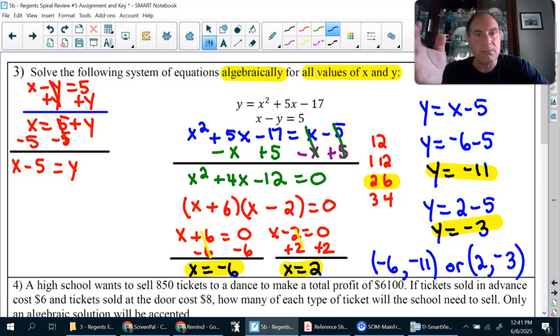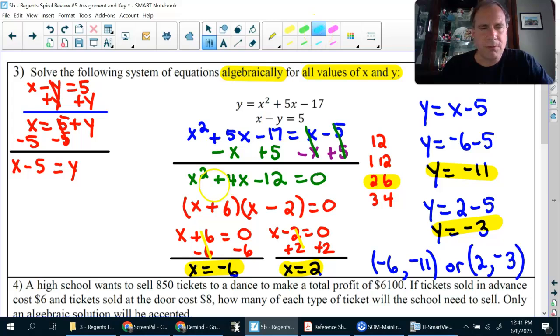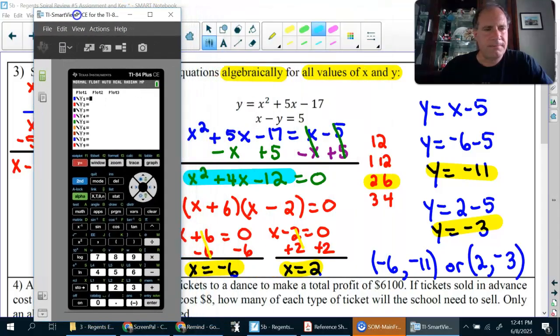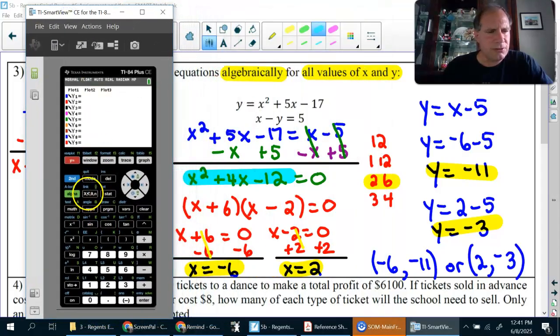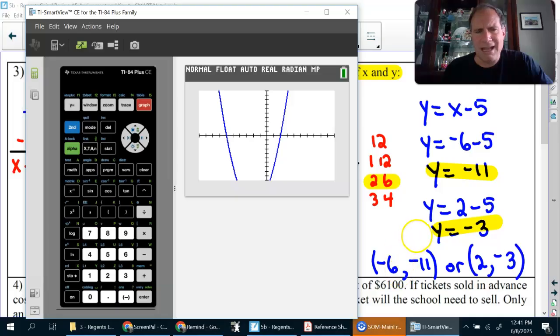Now, if you really wanted to, do you see this right here? This is the trinomial. If you want to check that you're doing this correctly, you could grab your calculator and put in y equals x squared plus 4x minus 12. If you press graph, do you see negative 6?